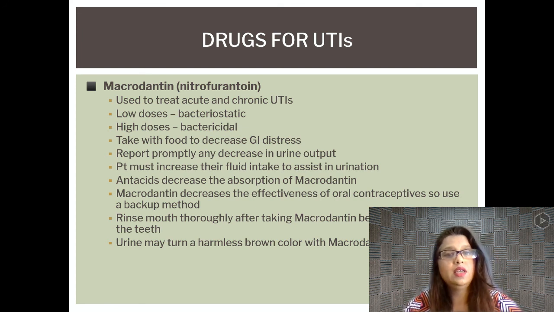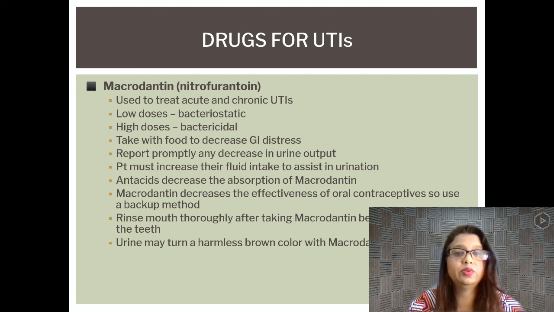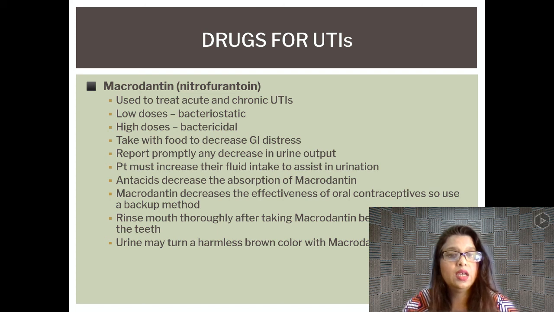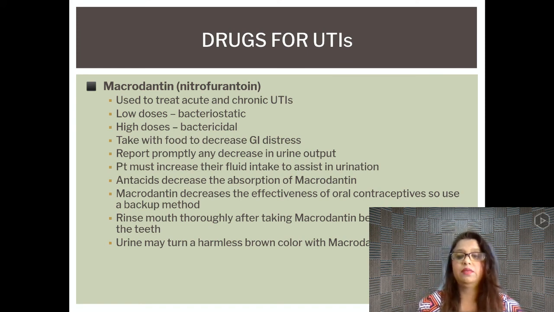Patient must increase their fluid intake to assist in urination. Antacids decrease the absorption of macrodantin. Also, macrodantin decreases the effectiveness of oral contraceptives, so use a backup method. Rinse the mouth thoroughly after taking macrodantin because it can stain the teeth. And urine may turn a brown color with macrodantin, and that is normal.